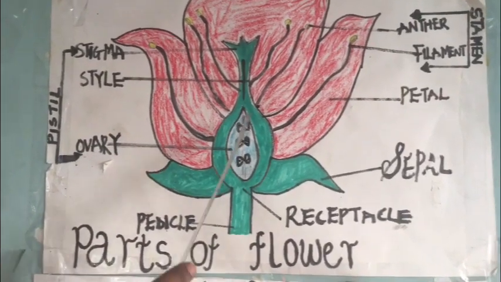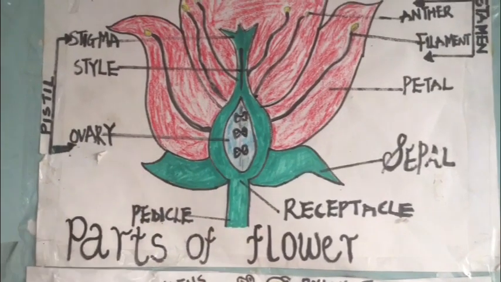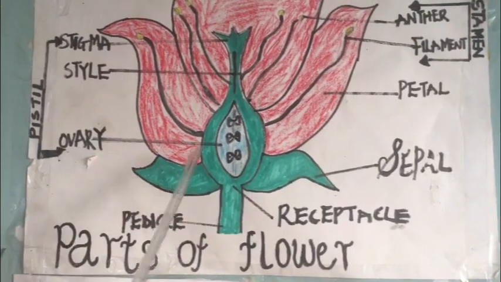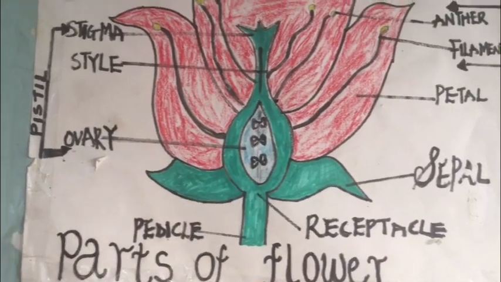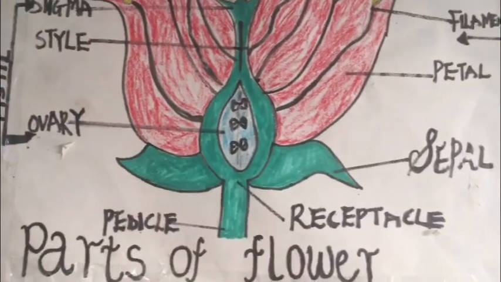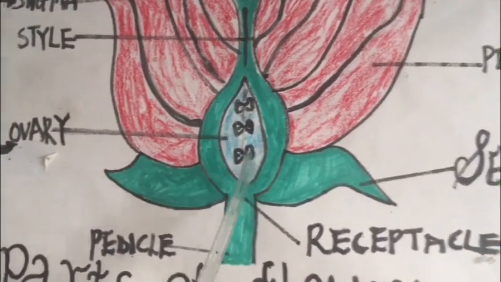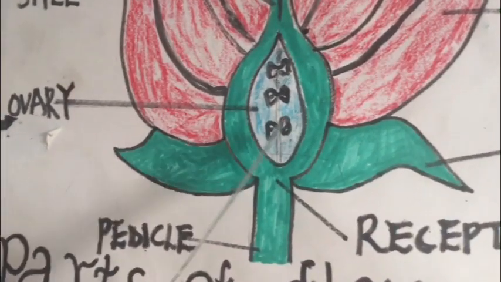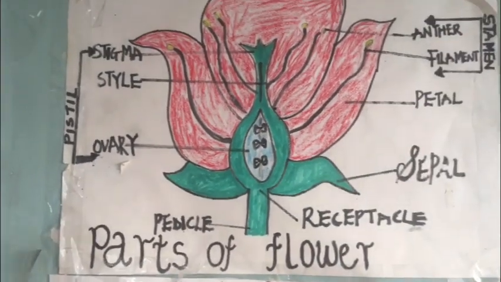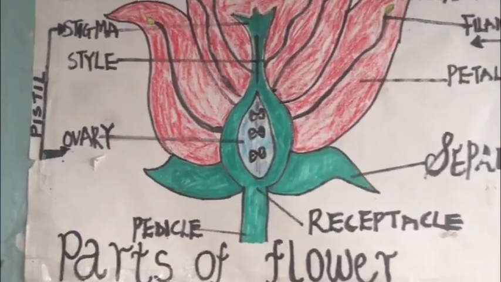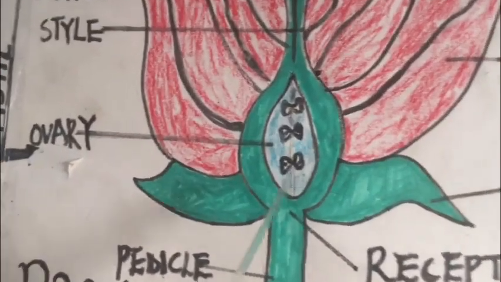Now the ovary, you can see the ovary over here. The ovary contains the ovules. You can see from our diagram the ovules inside the ovary. And what are the ovules? They are the organs that form the seed of the flowering plants.